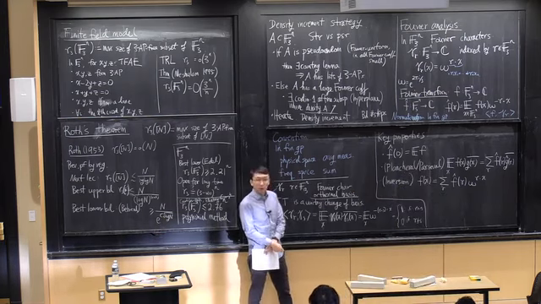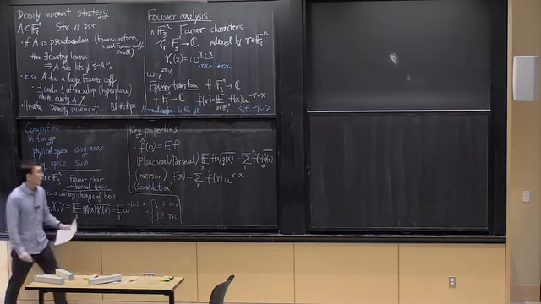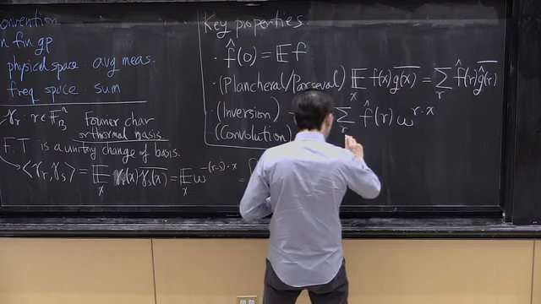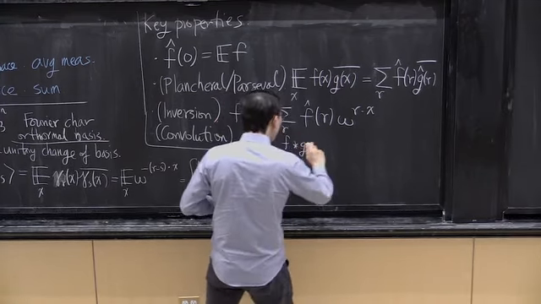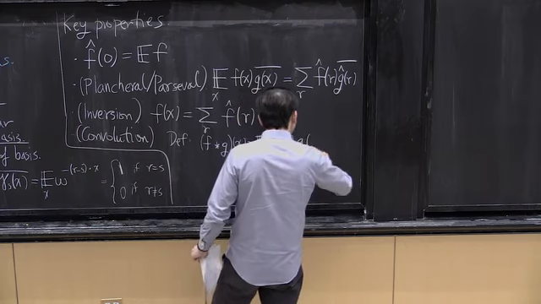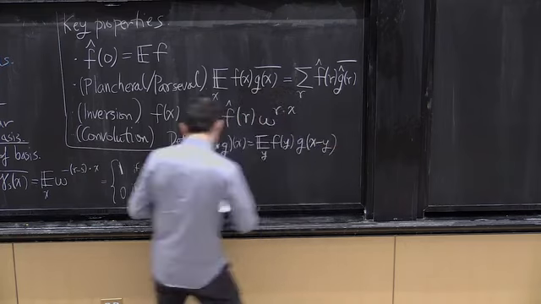Finally, the Fourier transform behaves well under convolution. Right, so by convolution, we define the convolution of two functions, f and g, using the following formula. Okay.